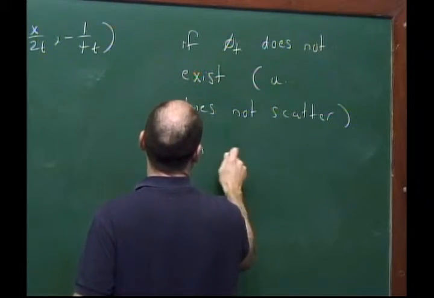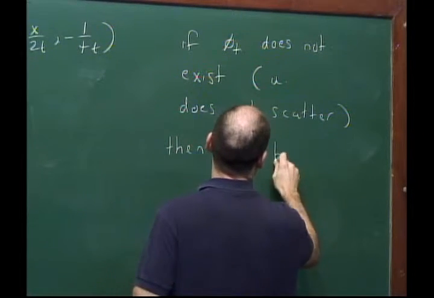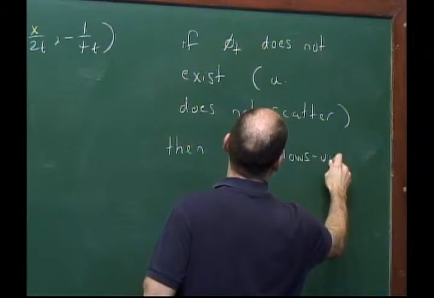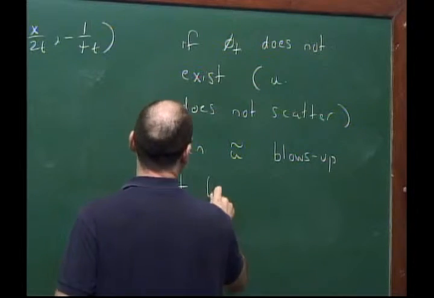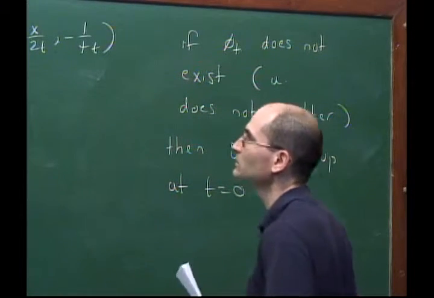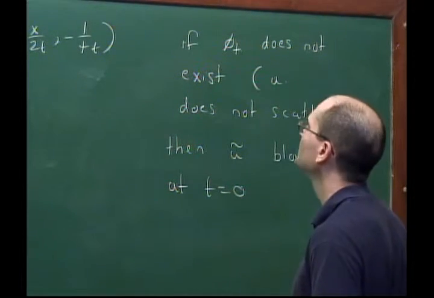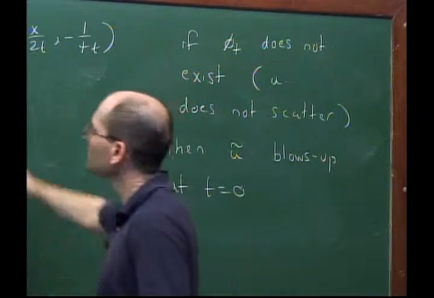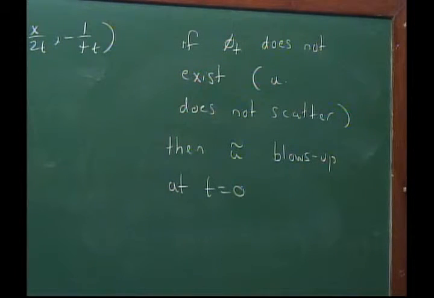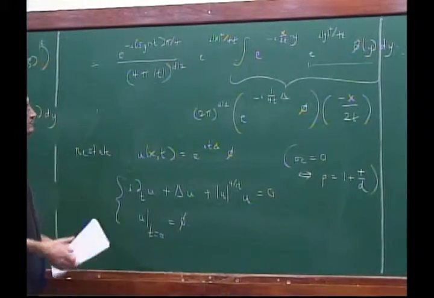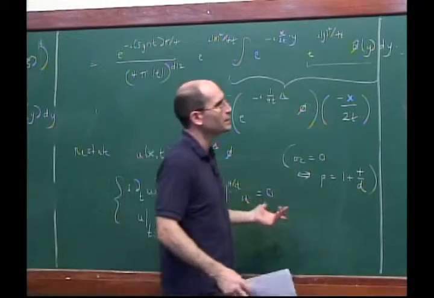Then U tilde blows up at t equal to 0. I still have to define precisely what we mean by blow up. And the way the formula works here, you assume that you have a solution U defined from 0 to plus infinity, so t is positive.